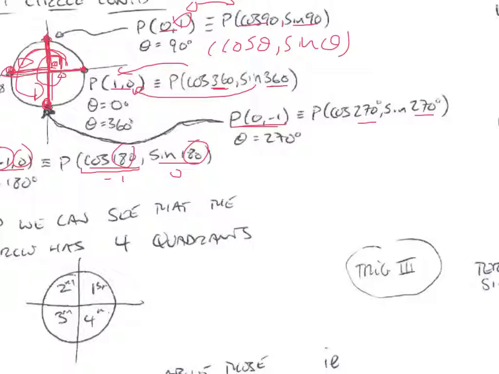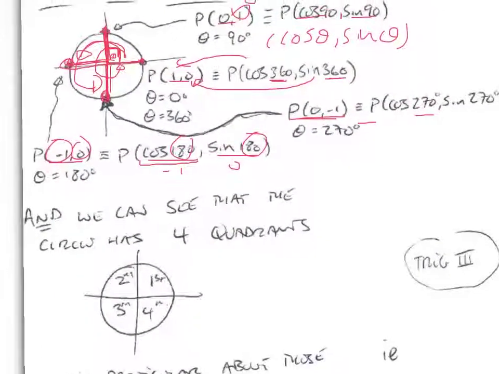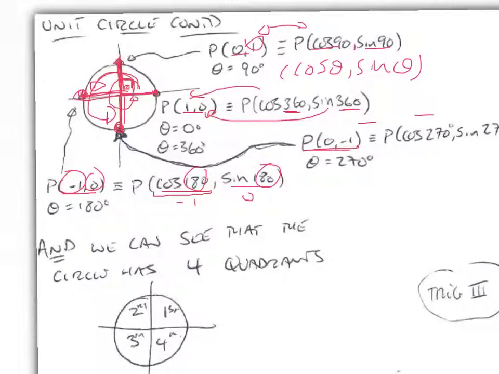So we can see how we can relate the coordinates of any point on the unit circle by finding whatever the angle theta is, and finding its cos and its sine.